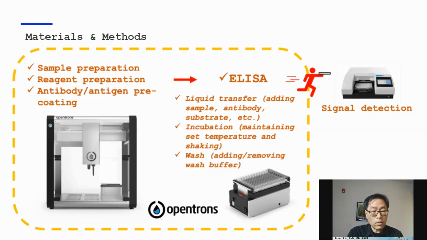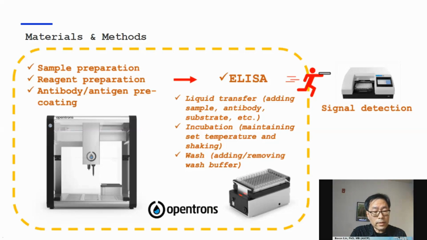The liquid handler can also be programmed to do sample or reagent preparation before ELISA. For example, to make serial dilutions of sample or to distribute antibody solutions or wash buffers from the stock to 96-well plates, which can be stored for future use.